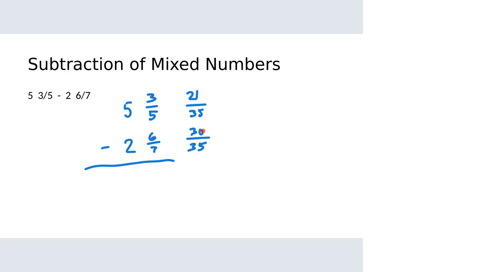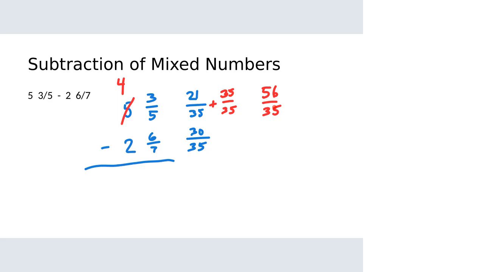So I'm going to have to borrow. And here again, this leans back into our working in other bases a little bit, because I'm going to borrow from this 5. And I'm borrowing 1, which what I'm actually borrowing in this case is 35 35ths. That's how I'm borrowing 1. So essentially what I'm saying here is, well, let me go ahead and add those together. So now that I've borrowed, what I have on top is 56 35ths.